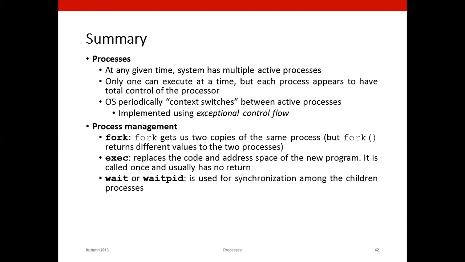Then we also have waitpid that is used to wait on a specific child to terminate. The exit call is used to terminate a process, and it has no return. In the next video, we talk about the process control block, which is an important data structure that is maintained by the operating system for process management.